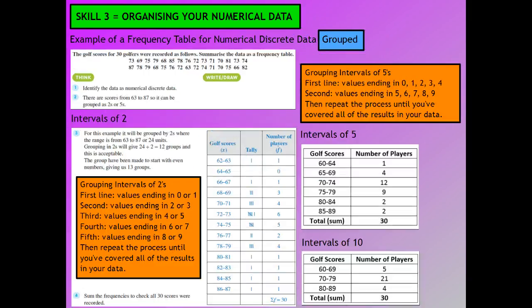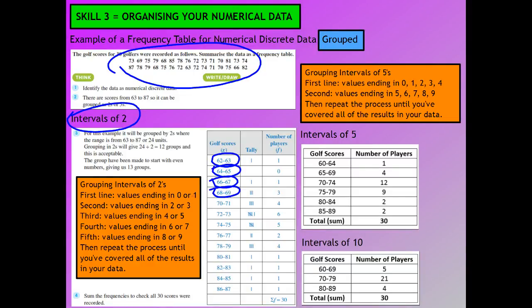Now we've got some golf scores up here, 30 different golf scores, and these are quite large numbers. First, they've been sorted into intervals of 2. You'll notice that there's 2 results per line. Normally, we would start here with a 0 and a 1, but in this case, there was no score of 60 or 61.